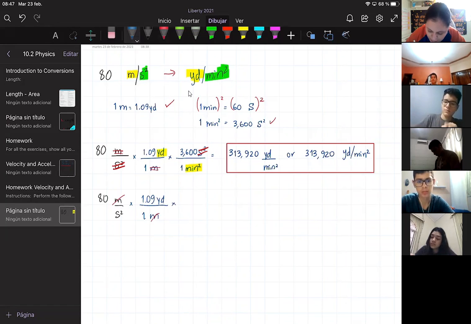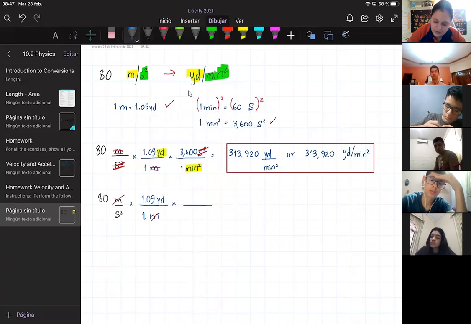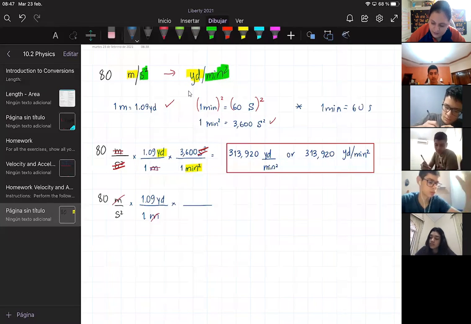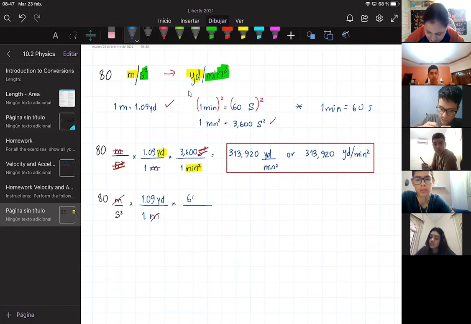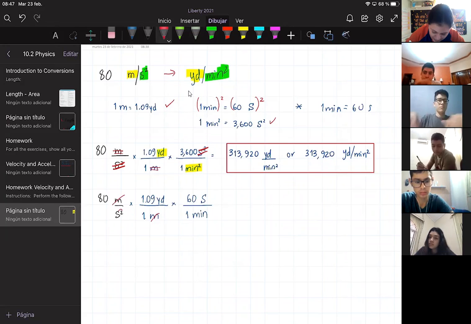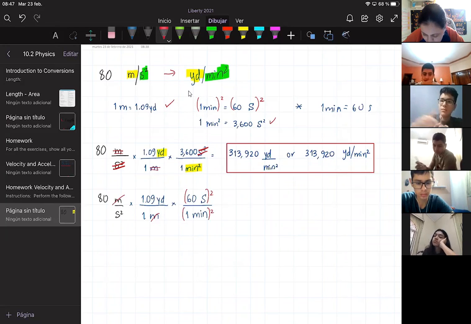And then you have the conversion factor, this one. 1 minute equals 60 seconds, okay? So you put the seconds here, 60 seconds in the top, and below 1 minute. But because this one is raised to the second power, you need to raise all this to the second power.